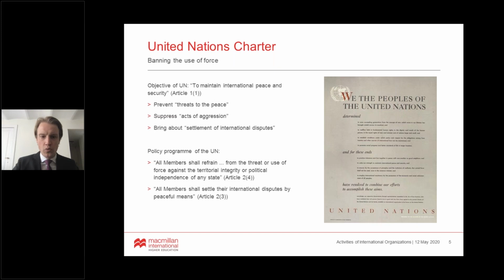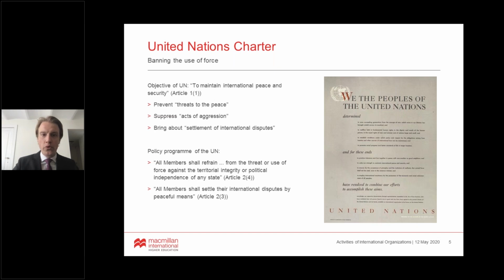For instance, Article 2.4 notes that all members of the UN shall refrain from the threat or the use of force against the territorial integrity or the political independence of any state. In other words, if you become a member of the United Nations, you're not allowed to invade other countries. So that's a rule set by the UN Charter. It's part of the policy program of the United Nations.